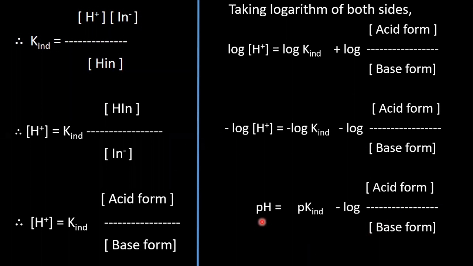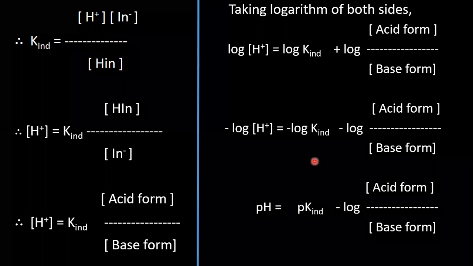So pH is equal to negative log of H plus ion concentration, and pK indicator is equal to negative log of the apparent indicator constant. Here below you can write down pH is equal to negative log of H plus ions and pK indicator is equal to negative log of K indicator.